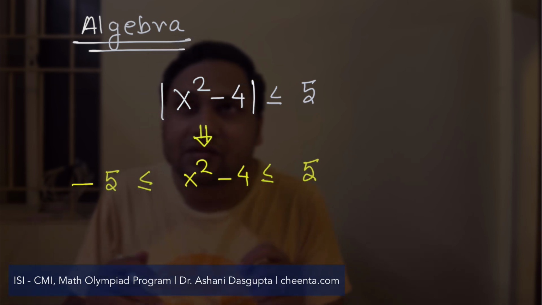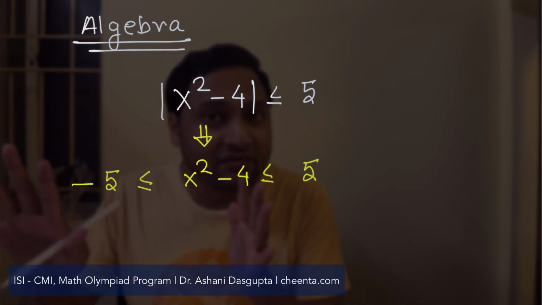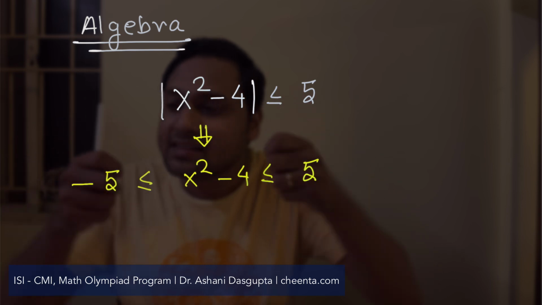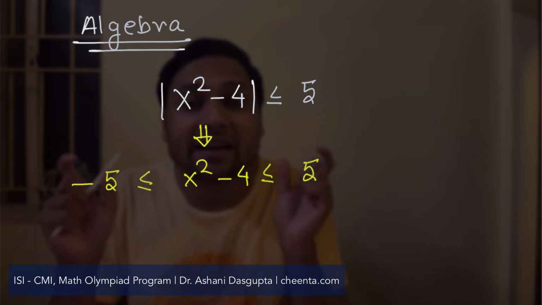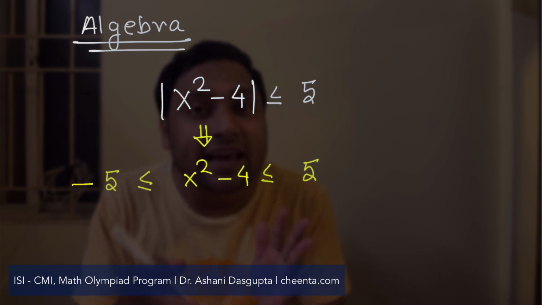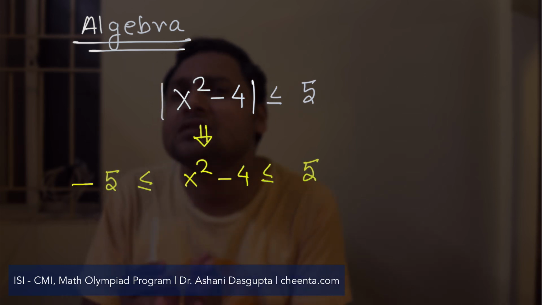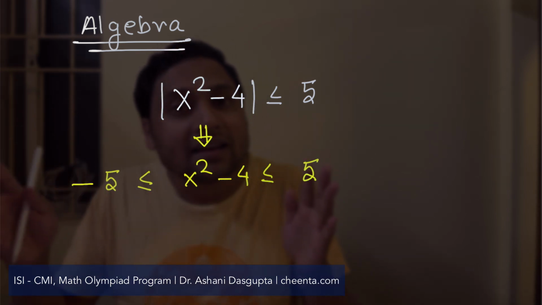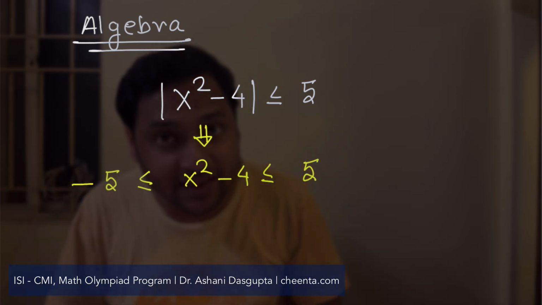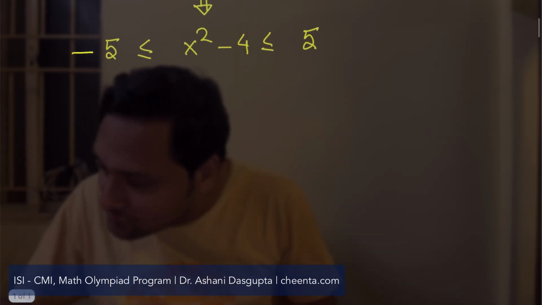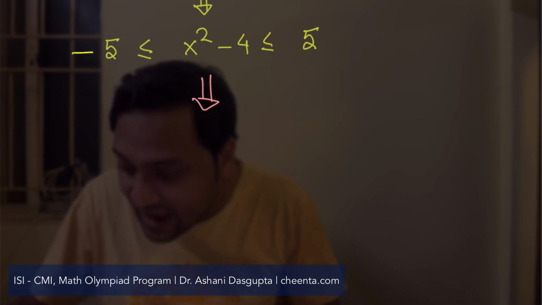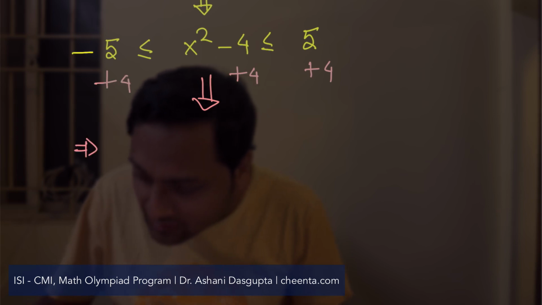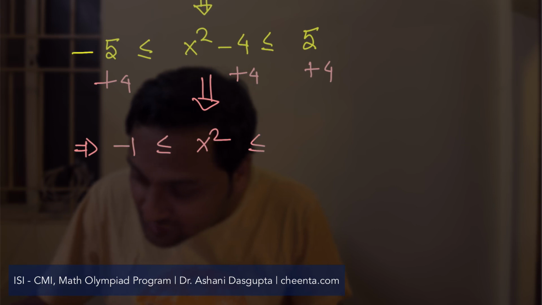If the absolute value of a number is less than or equal to 5, then if you lift the absolute value sign, that number must be between minus 5 and 5. Because if the number was negative, let's say minus 4, the absolute value of minus 4 is still 4, which is less than 5. Now I can add 4 to everything, so we have minus 1 less than or equal to x squared less than or equal to 9.